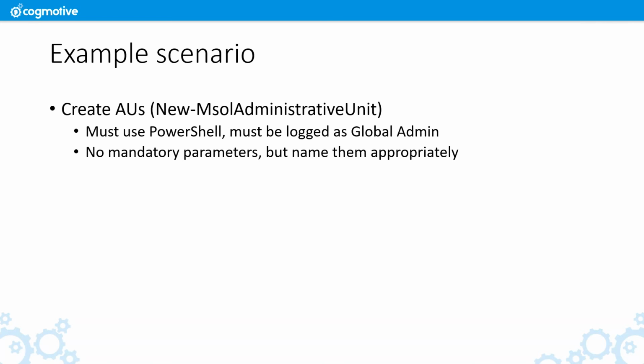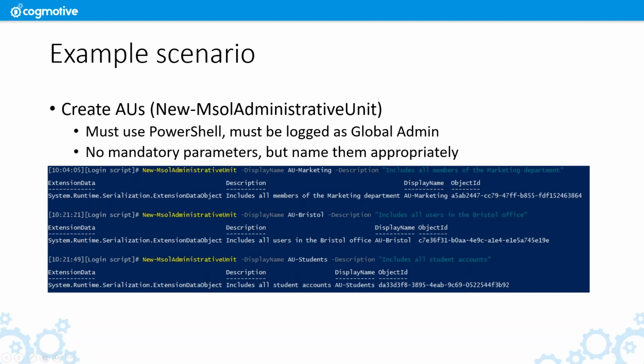You simply issue the cmdlet and that's it. If you don't specify a name, one will be automatically generated for the administrative unit, which is of course not a very good practice. So if you want to do things properly, you will specify a name and an actual description for it. On the screenshot on this slide, we have created several different administrative units and named them accordingly. You can enter anything you like for the name.